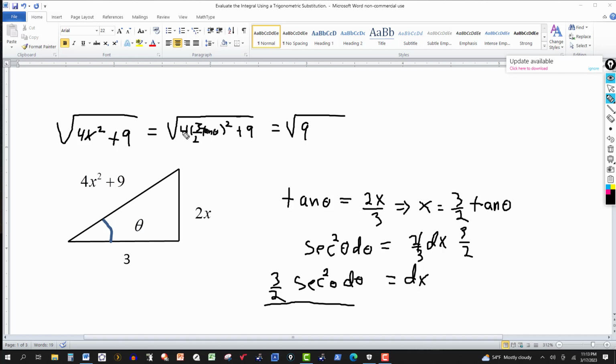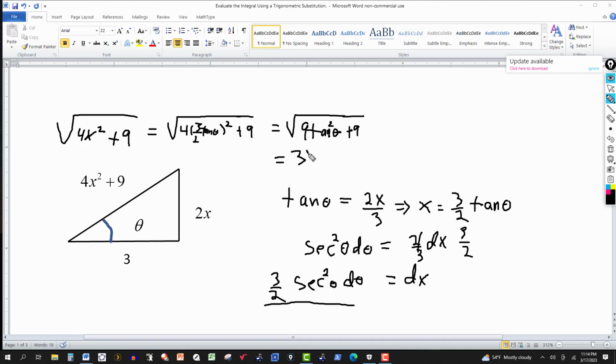If I square this out, multiply by 4, this will become 9 tangent squared theta plus 9. Now I'm going to factor out the 9. I get 9 parentheses tangent squared theta plus 1. And then I'm going to take the square root of the 9. That comes outside the radical, so this will be a 3 out here.